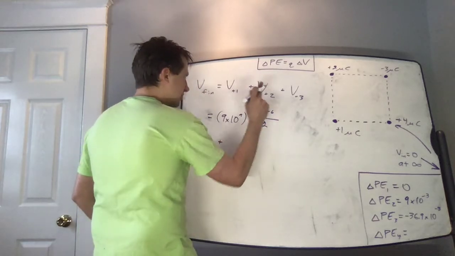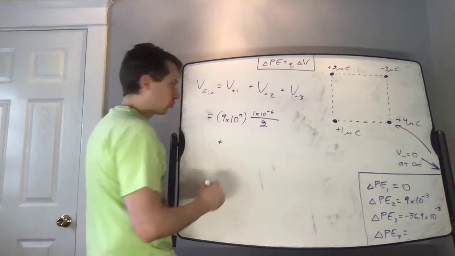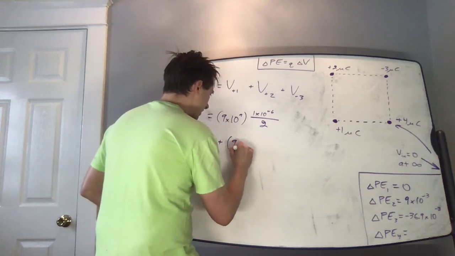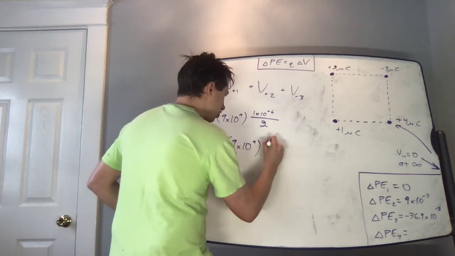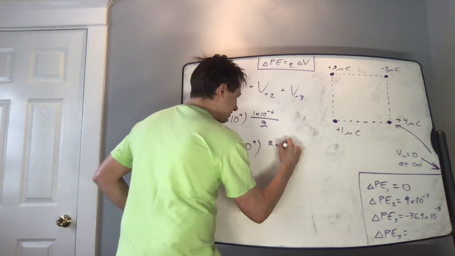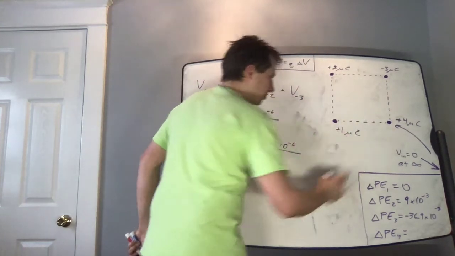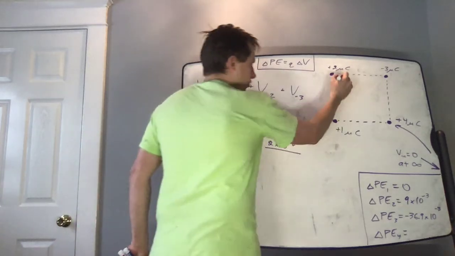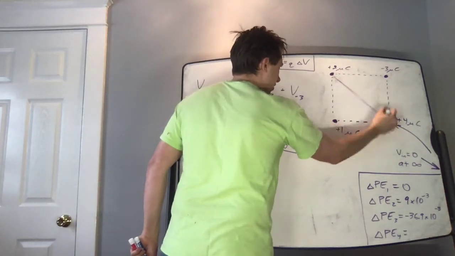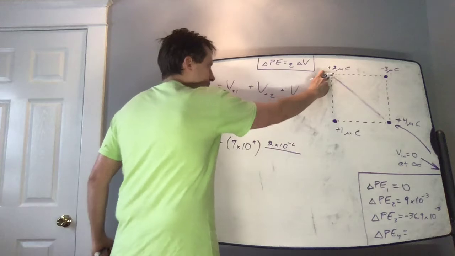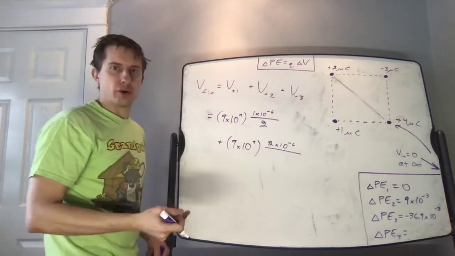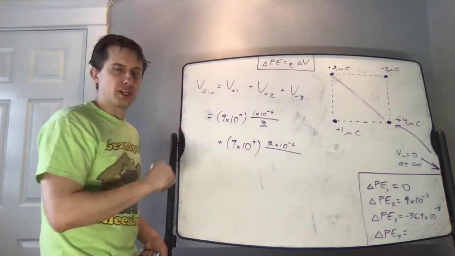Then I will have the contribution from the plus 2 microcoulomb point charge, 9 times 10 to the 9, 2 times 10 to the negative 6. And because this is a square of side length 2, and we are considering opposite corners of the square, the distance between the upper left and the lower right corner of the square will be 2 square root of 2 meters.